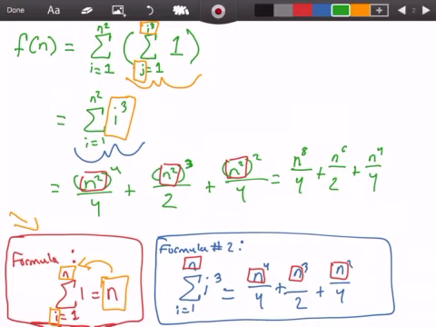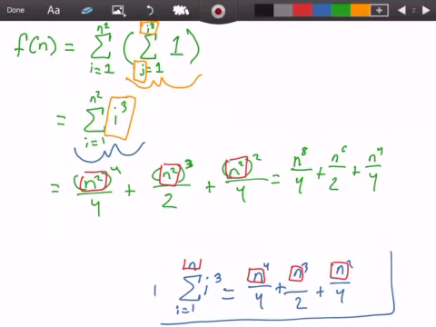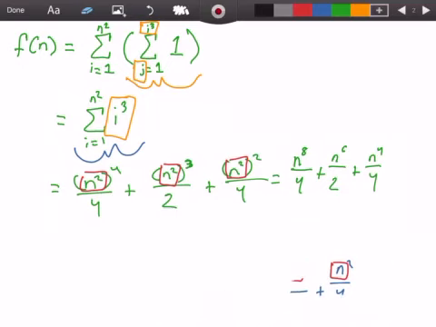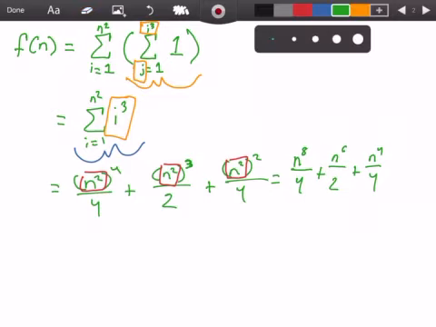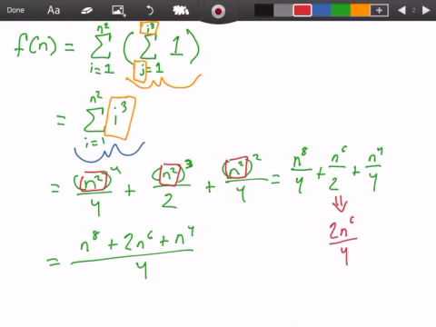I'm going to erase our formula down here, just so I can make some more room for this simplification. Now what this equals is n to the 8th plus 2n to the 6th plus n to the 4th, all divided by 4. All I did was change the term n to the power of 6 divided by 2, which becomes 2 times n to the 6th divided by 4.